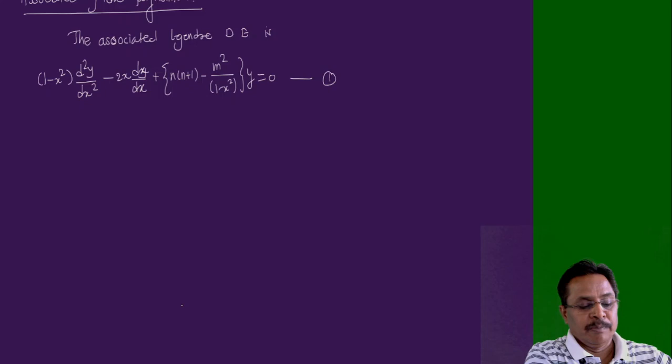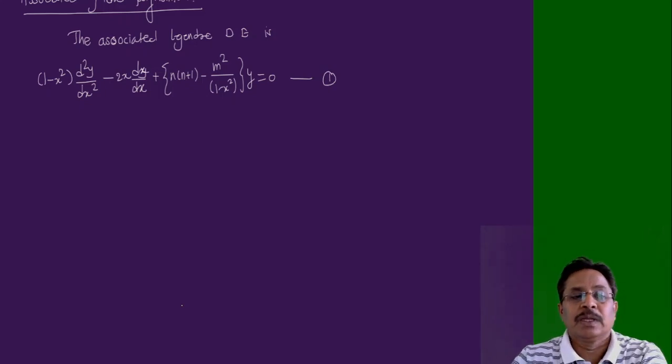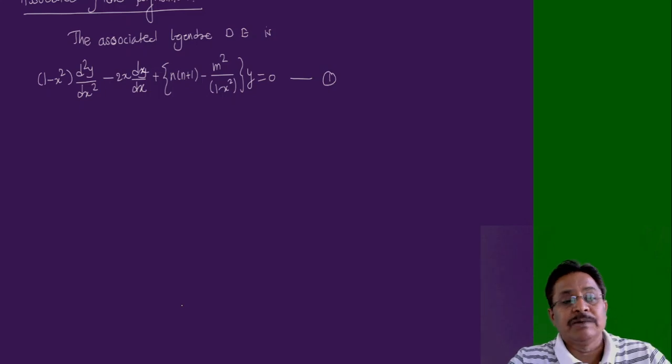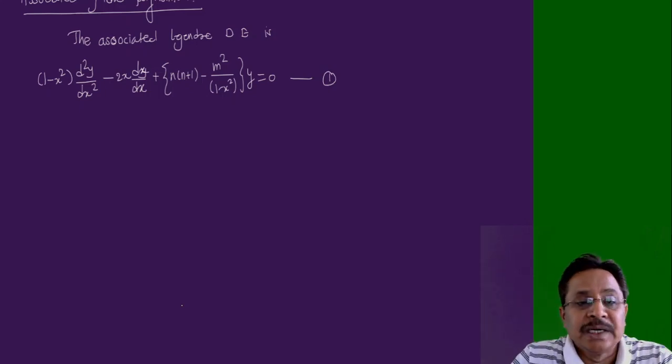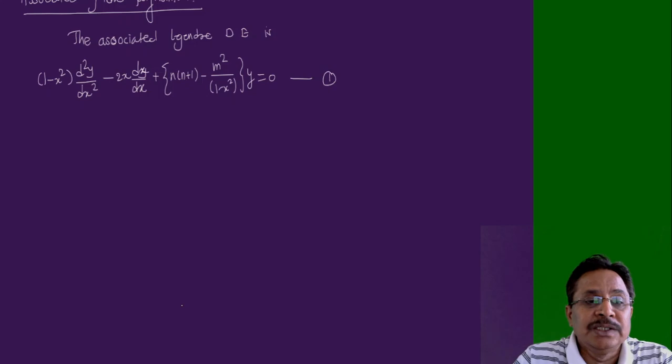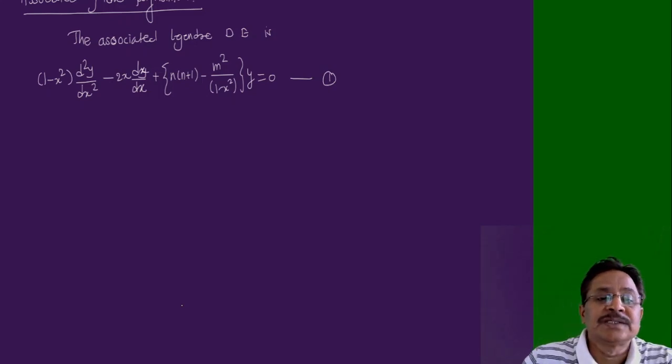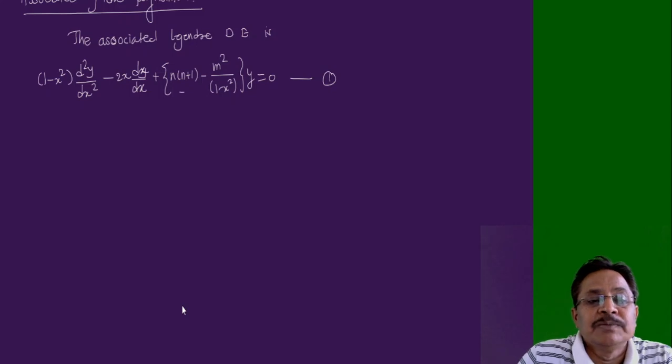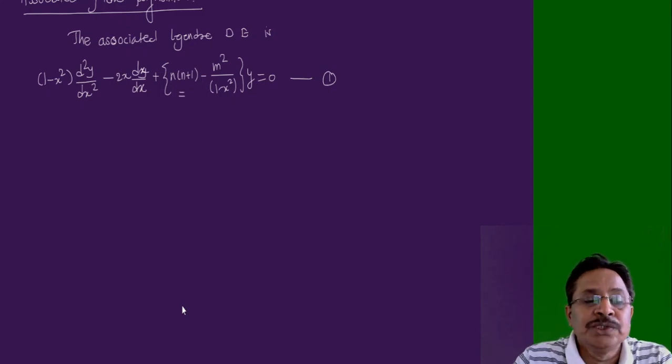Remember, what is the difference between this associated Legendre differential equation and the ordinary Legendre differential equation? The difference is this term. This term actually comes when we separate the Helmholtz equation in the spherical polar coordinate system.